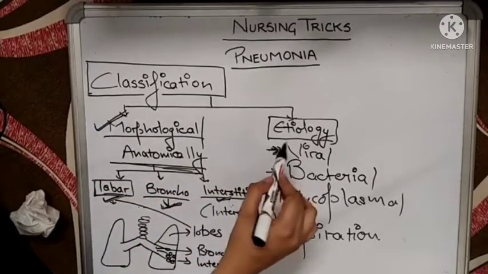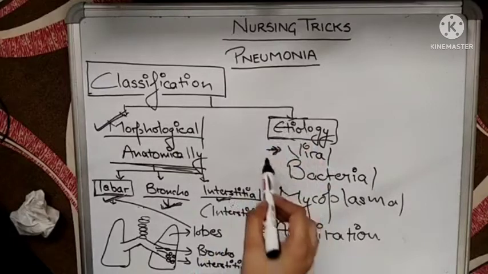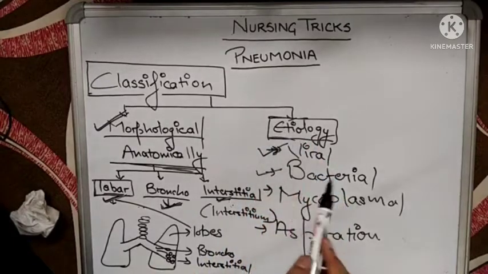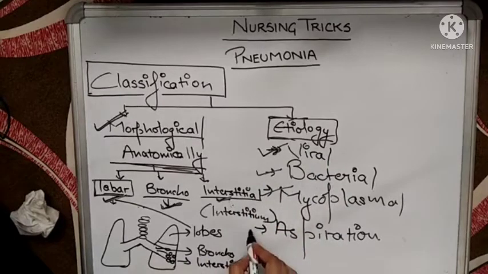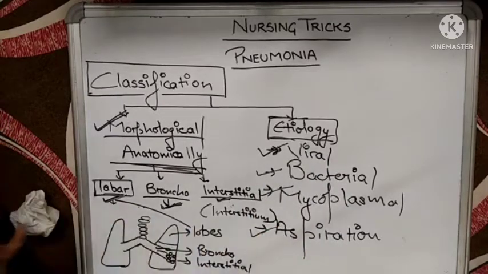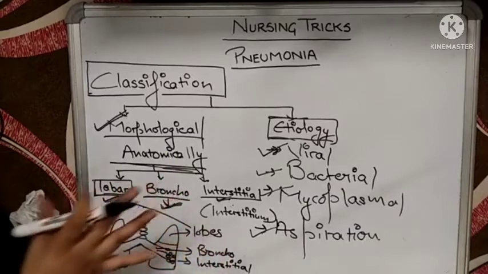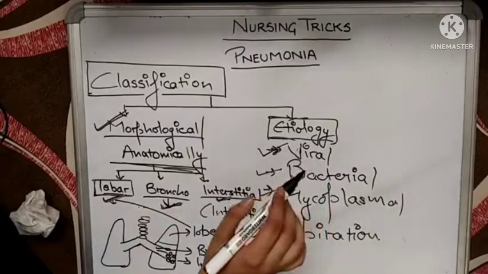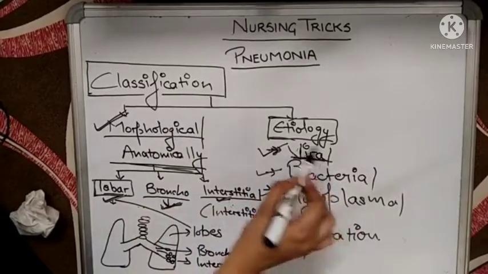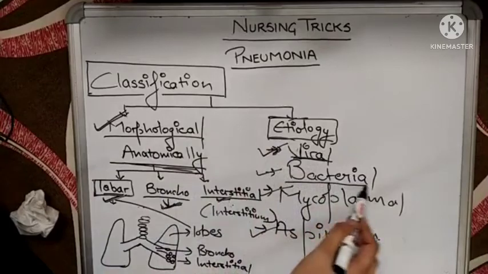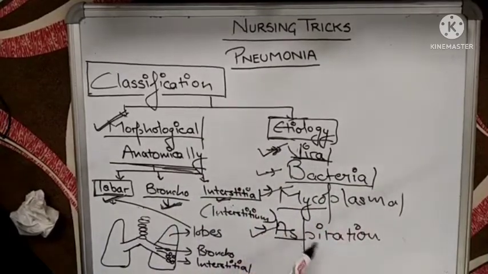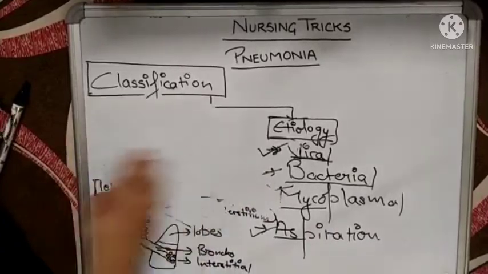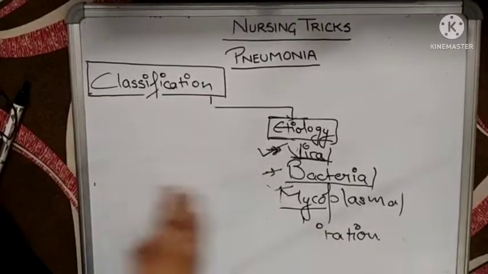Okay, so we were on to the etiological part. So we have seen that it can be classified into viral pneumonia, bacterial pneumonia, mycoplasmal pneumonia, and aspiration pneumonia. Okay, so this is the classification. Now we will see in detail what all viruses are responsible for making this pneumonia, or bacteria, mycoplasma, and aspiration. So let's get started with the etiology.